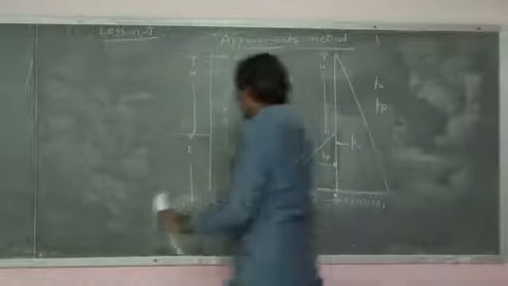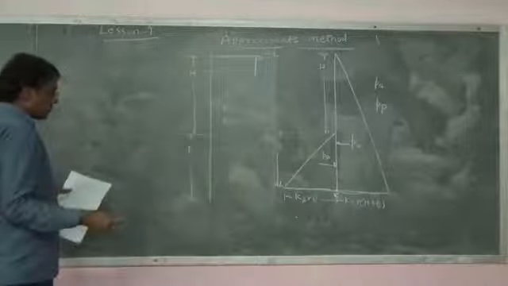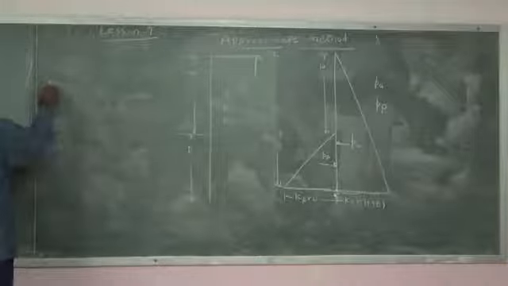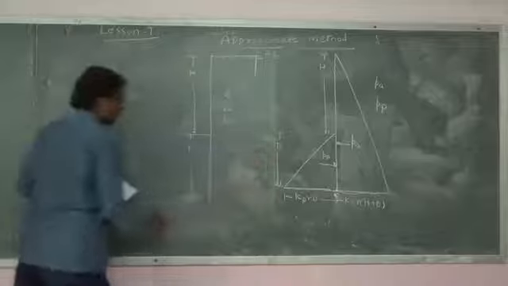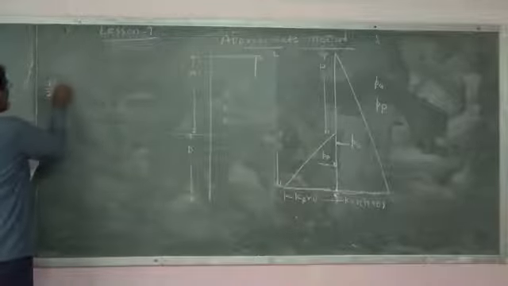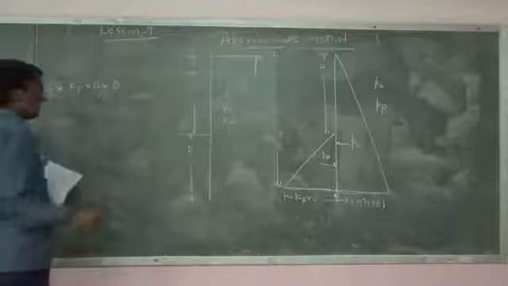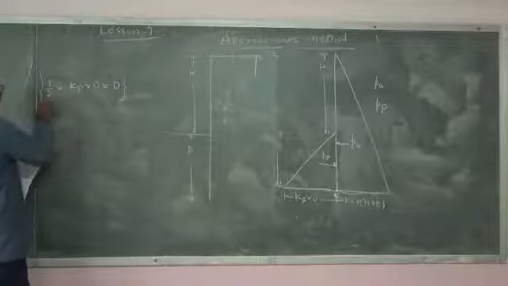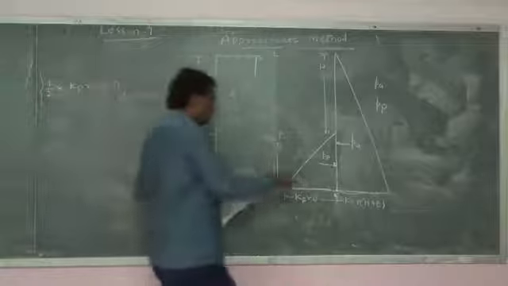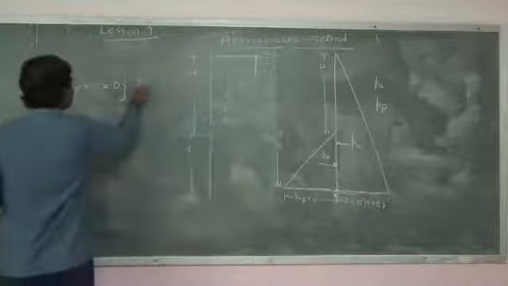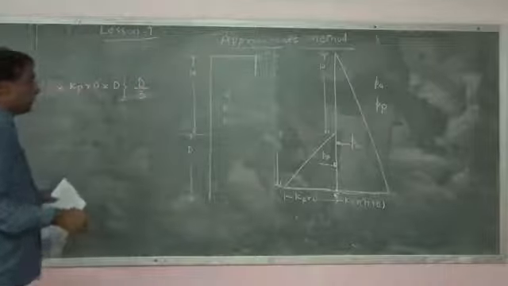For the passive pressure, this is the area of the triangle's total force, that is half into Kp gamma d, this is the base, into height d. This is the total force Pp. For the triangle, if you take moment at the base, it acts at h by 3, that is d by 3. It is going to be d by 3.